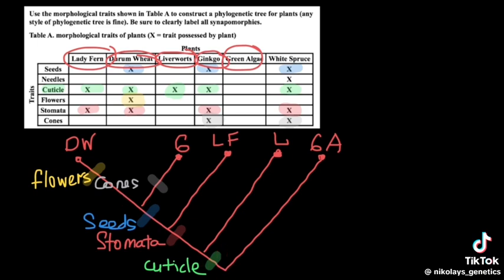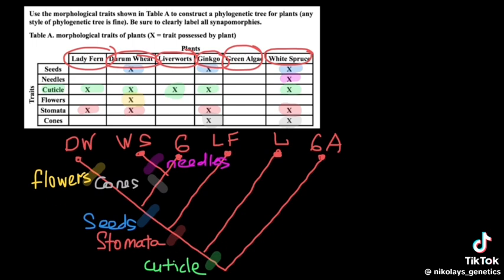As you see, white spruce we should put here, and WS stands for this species, but this species also has a new trait which is needles. No other species has needles, so let's put a bar here which specifies that the species developed needles.